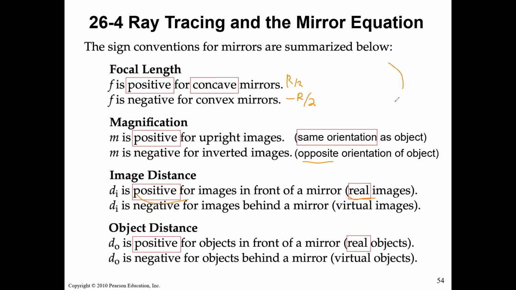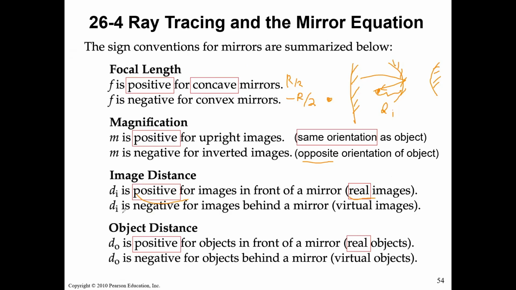So remember, whether it is a concave mirror, convex mirror, or plane mirror, the light ray can never go to the other side of the mirror. So if you have light rays converging in front of the mirror, as in the case of the concave mirror, then you have a positive D_I and a real image.